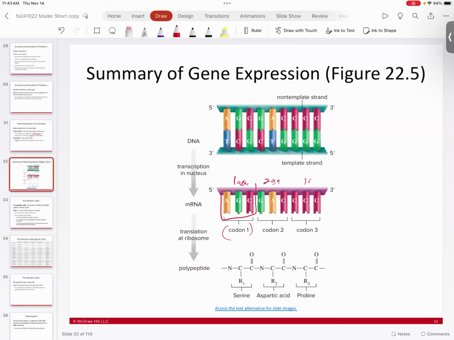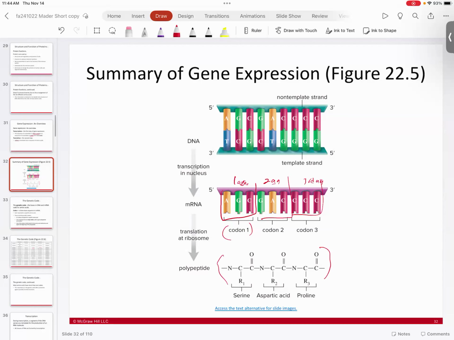This would be the third amino acid. So you have 3 codons, 3 amino acids. And so basically running that copy off from the DNA gives you your mRNA. And then this goes to the ribosome, where the tRNA will connect that amino acid that I want and start to connect it in a series, which becomes our polypeptide.